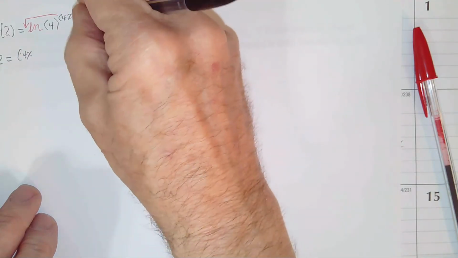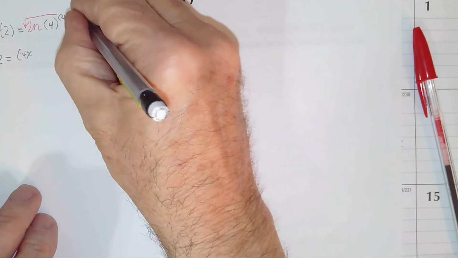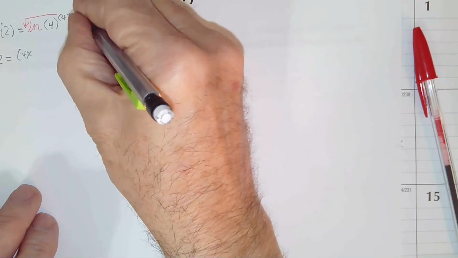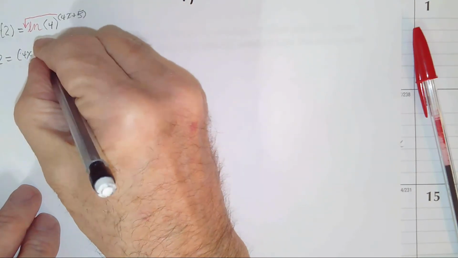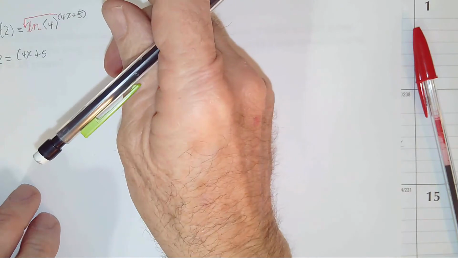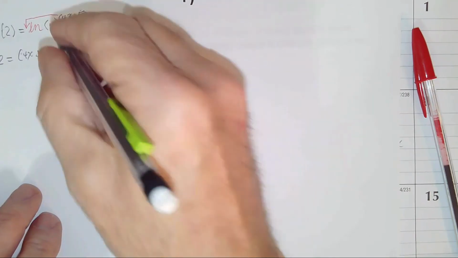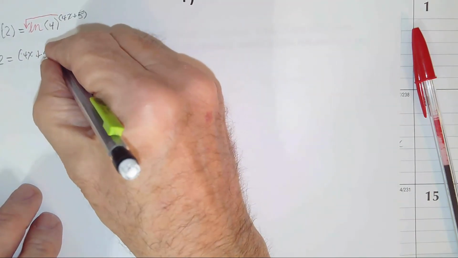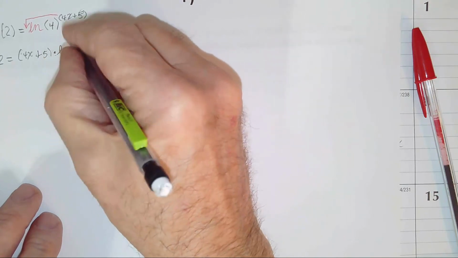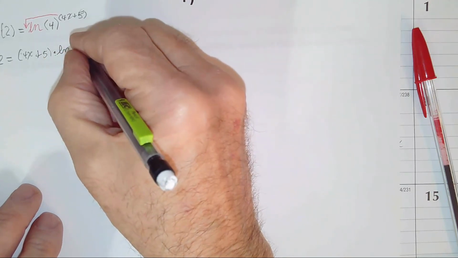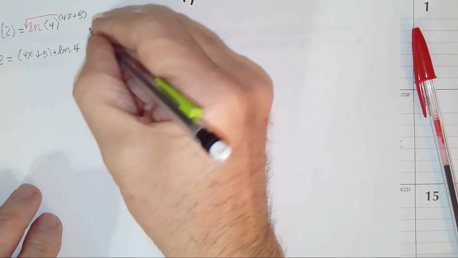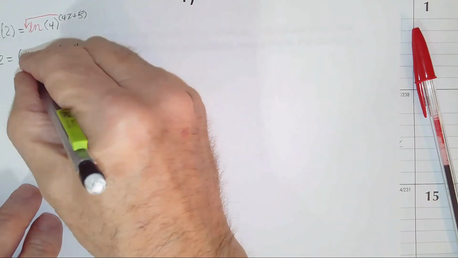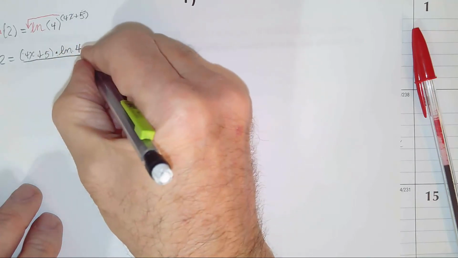Let me rewrite that. So 4x plus 5, and then times the natural log of 4. Okay? All right. So I want to get the x by itself.